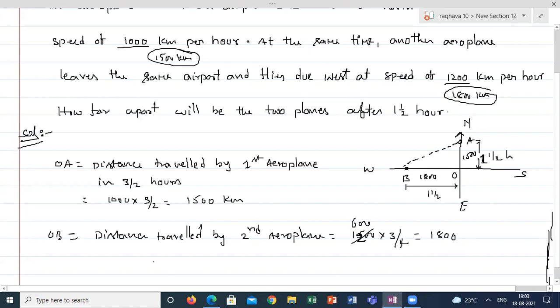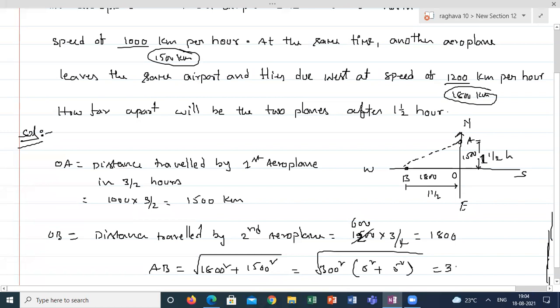So the distance AB from the right angle triangle is the square root of 1800 square plus 1500 square. So how much? If I take 300 square common, I will get 6 square plus 5 square. This will be 300 times the square root of 36 plus 25.